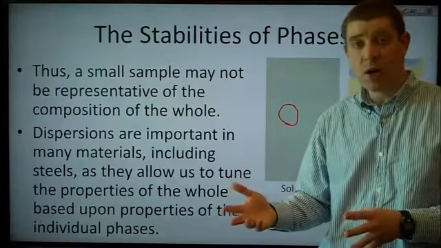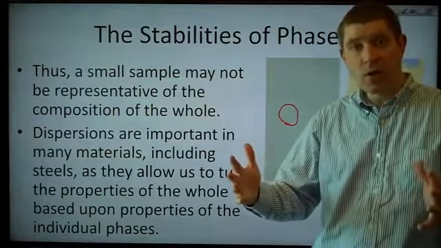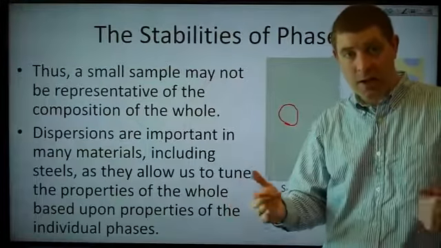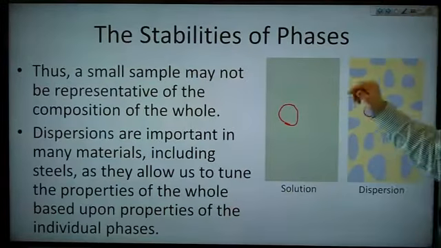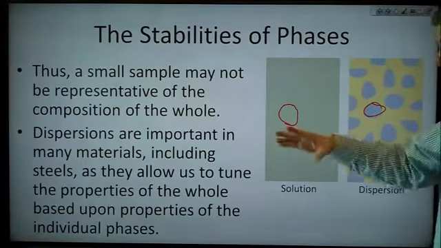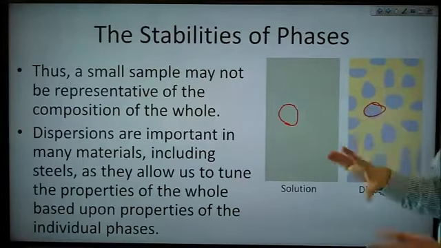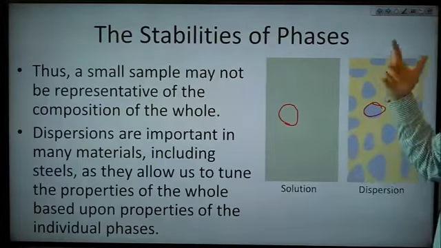So maybe we want a bridge that will be able to withstand an earthquake. We want the steel to be able to bend a little bit more without breaking. So we can tune the properties of steels and other materials using dispersions where we have two different phases and we can tune one of the phases, let's say.